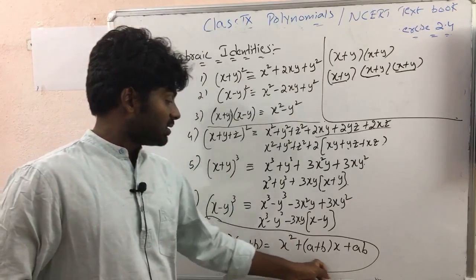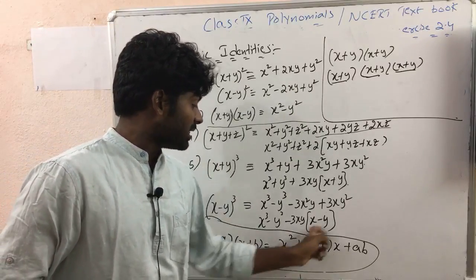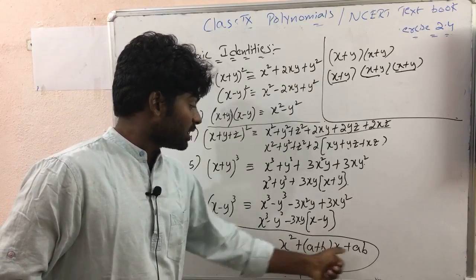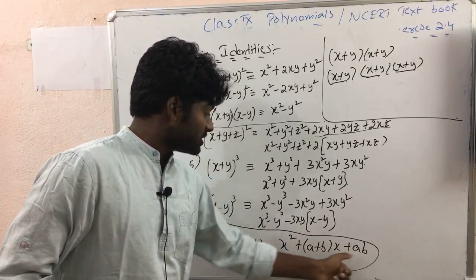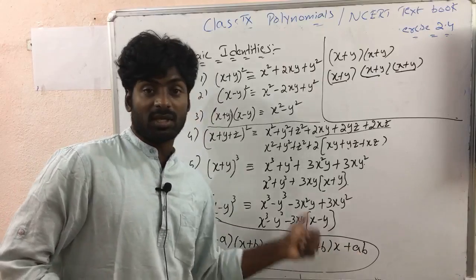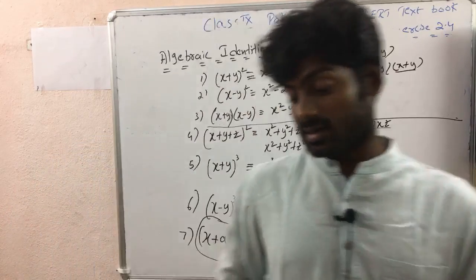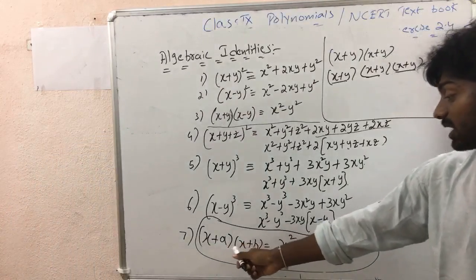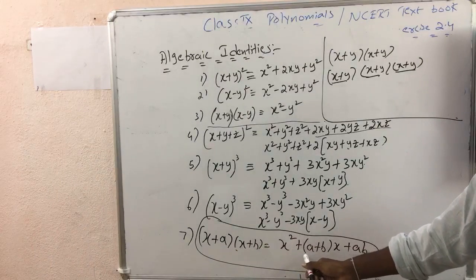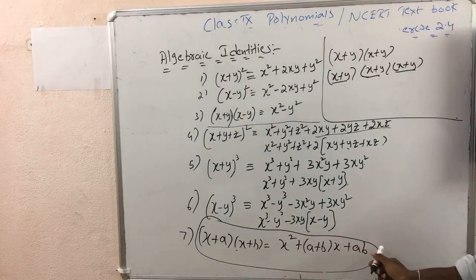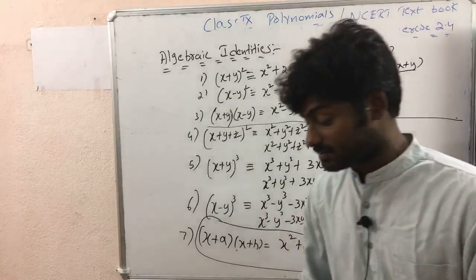If you observe carefully, we are multiplying a and b, here the coefficient is 1, so 1 into ab, that means you are getting ab, and adding a plus b. Observe this identity carefully, you can understand: x plus a into x plus b equals x square plus a plus b into x plus ab.